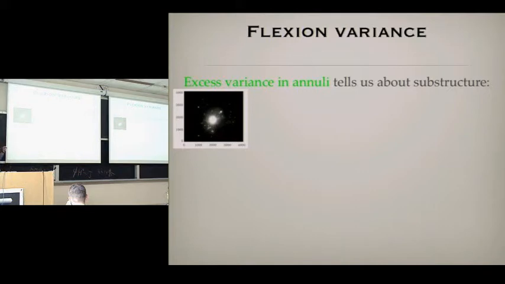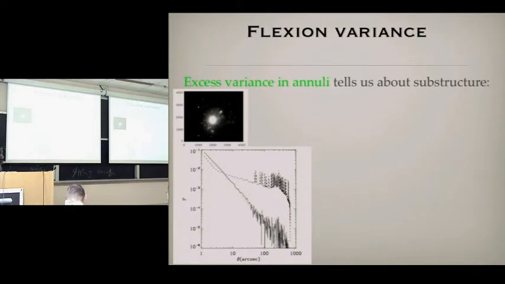With a high-resolution simulation of galaxies from the Zurich group, I've looked at the mean flexion in annuli around these galaxies versus the variance, or the standard deviation, of flexion in annuli. The dashed line is the standard deviation of flexion, and you see that it's actually a stronger signal on many scales than the mean flexion, and this is telling you about all the substructure clumps around the galaxy.